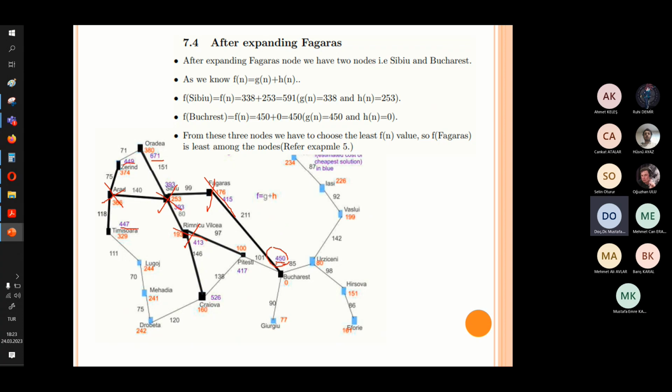How about 447? That should be explored as well because it is smaller. How about Craiova? 500, we don't need to explore this one because we will never find any shorter distance than 450 through Craiova. How about Pitesti? 417. Among all of these, 417 is the shortest one. Therefore, we decide to expand Pitesti.